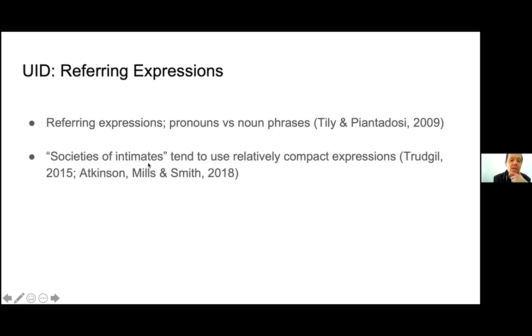So in societies of intimates, which might be groups of smaller communities where people are more likely to know everybody else, then the context is established, the reference will typically be more predictable, and so more compact expressions can be used. And this literature John pointed me to, I think, suggests that there's some evidence supporting this idea.